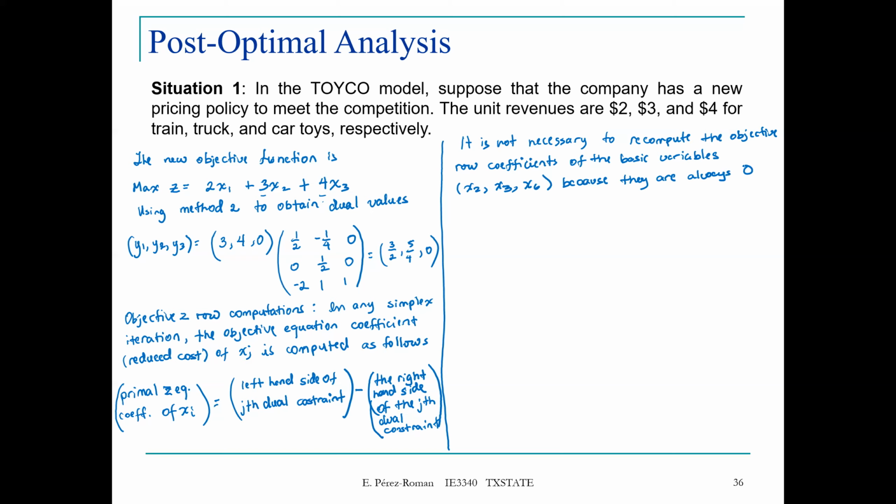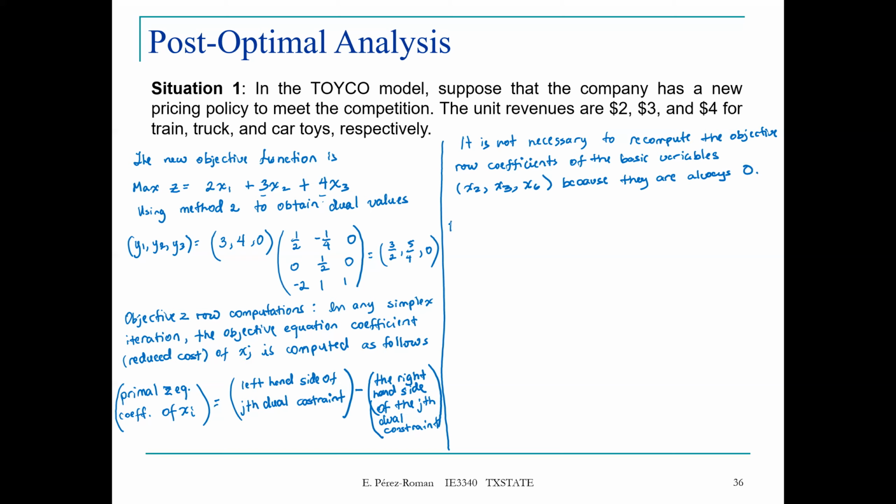In row 0 in the tableau, the basic variables are going to be 0 because they are part of the identity matrix. So we just need to find the reduced cost for the variables that are not basic.